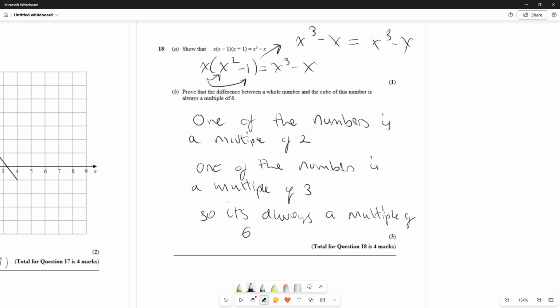Notice this, okay? If x is a multiple of 3, then minus 1 will make a multiple of 2, or plus 1 would also make a multiple of 2. One of these has to be a multiple of 2, because if we have 1, 2, 3, we notice we have a 2 and a 3. If you have any 3 consecutive numbers, one of them will be a multiple of 2, and one of them will be a multiple of 3. So it's always a multiple of 6.